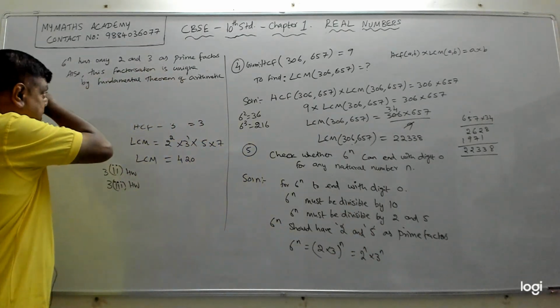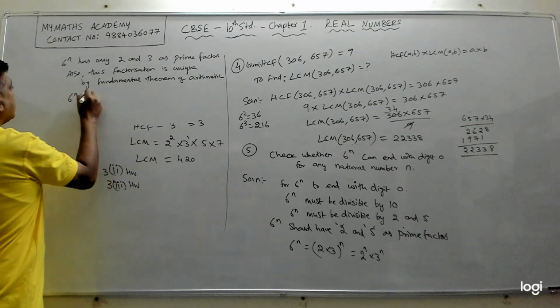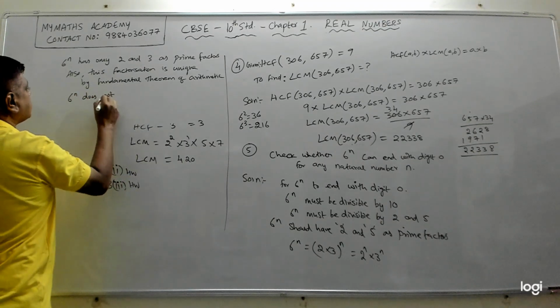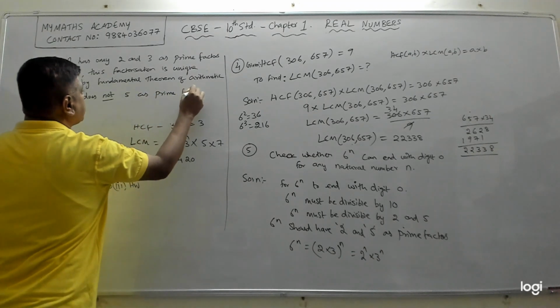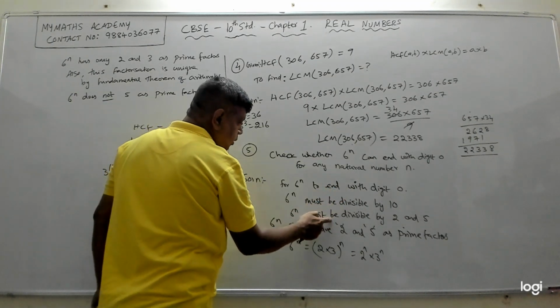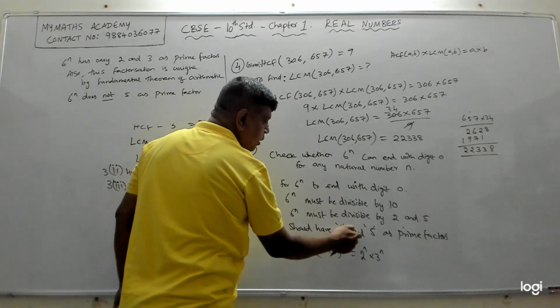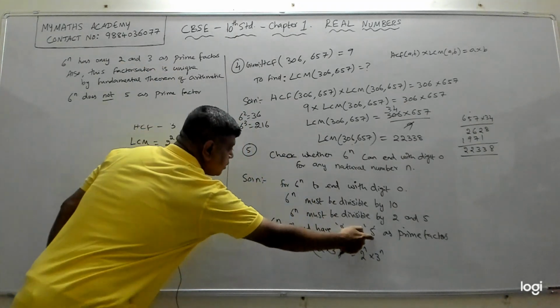So 6 has only 2 and 3 as prime factors, which means 6 power n does not have 5 as a prime factor. But for this to end with 0, it must be divisible by 2 and 5. For that it should have 2 and 5 as prime factors, but it has only 2 and 3. So 5 is not there.